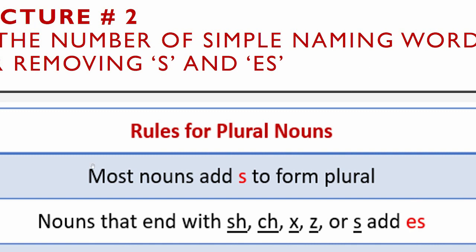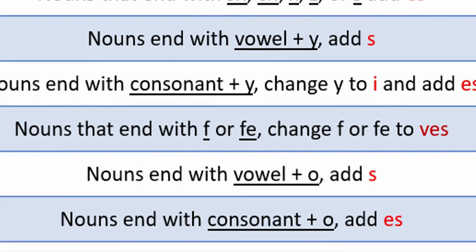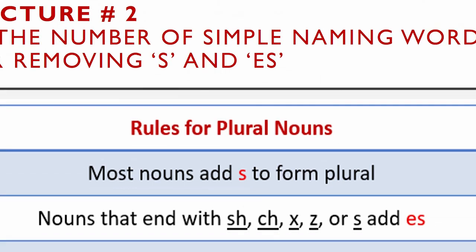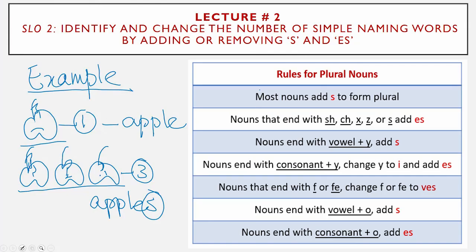Rules of plural nouns. Most nouns add S to form plural. Nouns that end with sh, ch, x, z or s add ES. There are some more rules also, but we are just going to focus mostly on S and ES, as per the SLO.